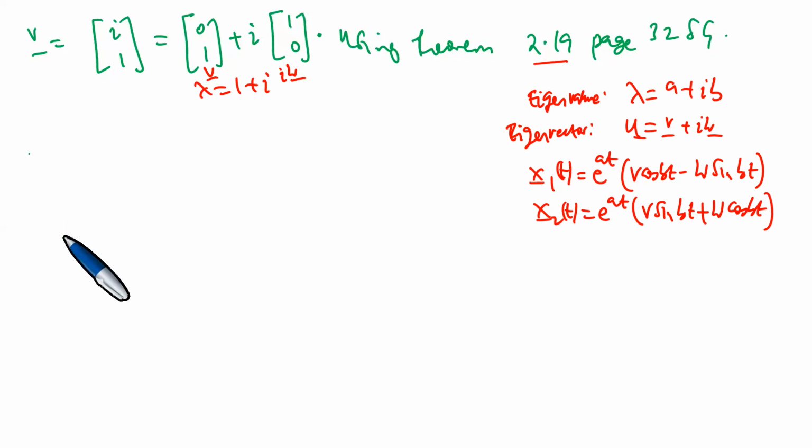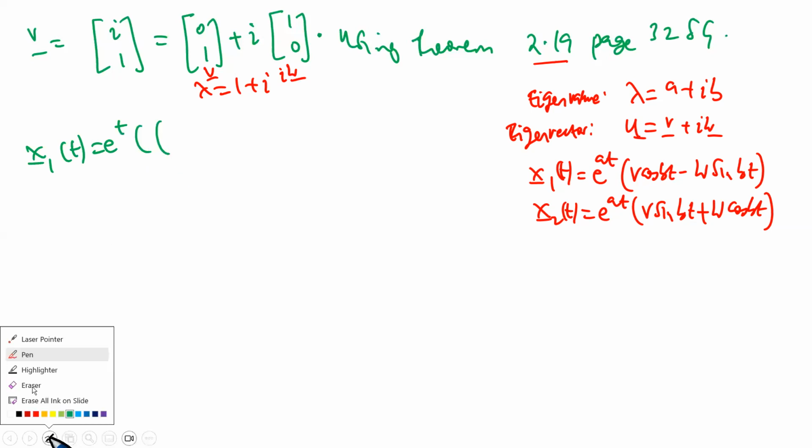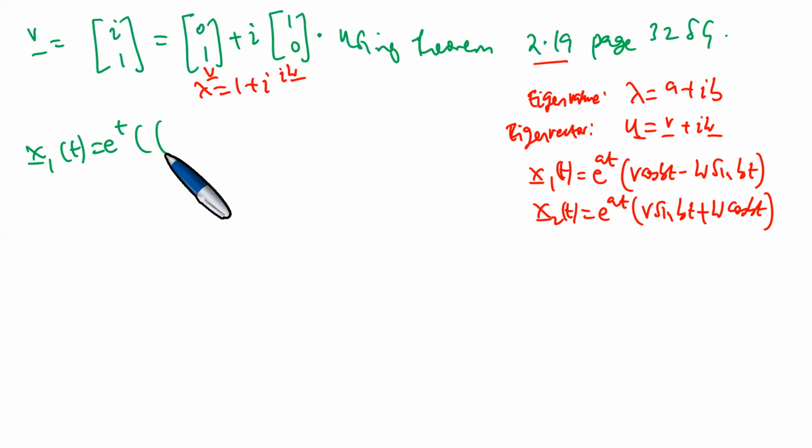Okay, all right. What is x1 of t? We just use theorem 3.19 to write the answer, and we'll pretty much be done. So this says e to the at, e to the t, and you can write round parentheses or square parentheses.